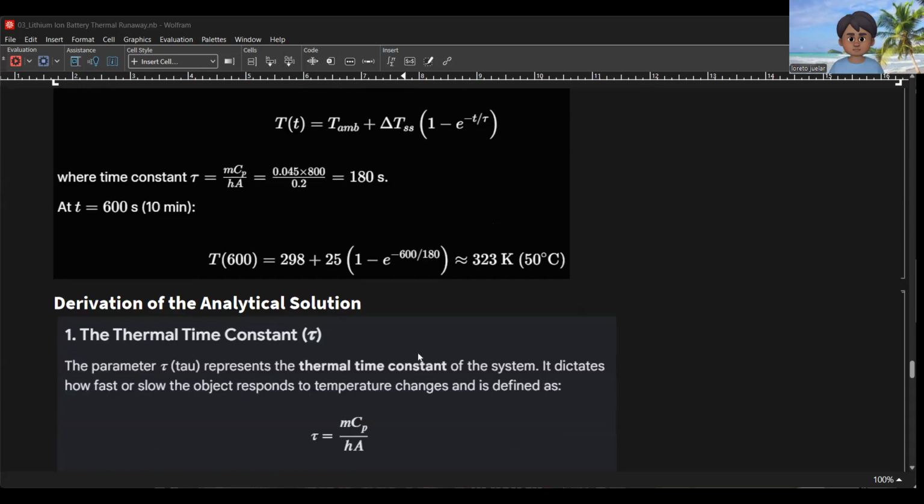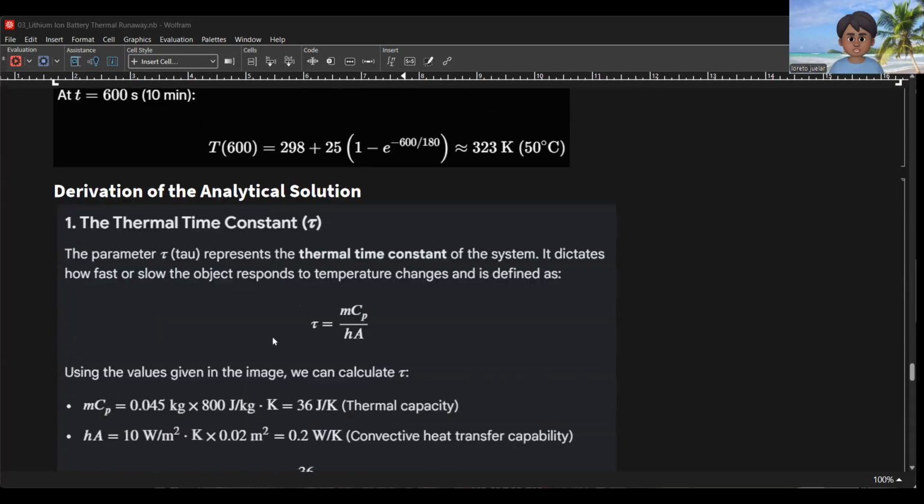We have the derivation of the analytical solution here. We have the thermal time constant here, the tau. The parameter represents the thermal time constant of the system.